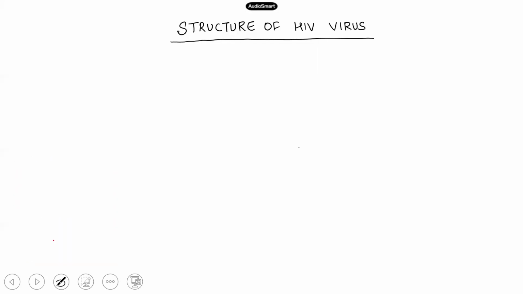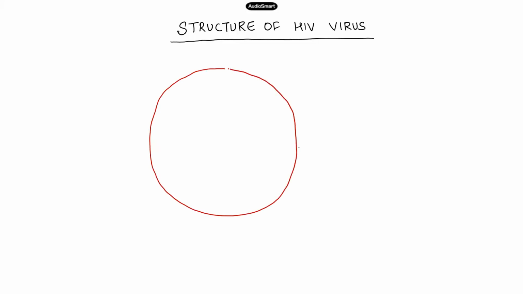Like all viruses, this particular virus also has an envelope of lipoproteins. Now, the unique thing about this envelope is that it contains certain glycoproteins that help in the entry and fusion of this virus to the host cell membrane.